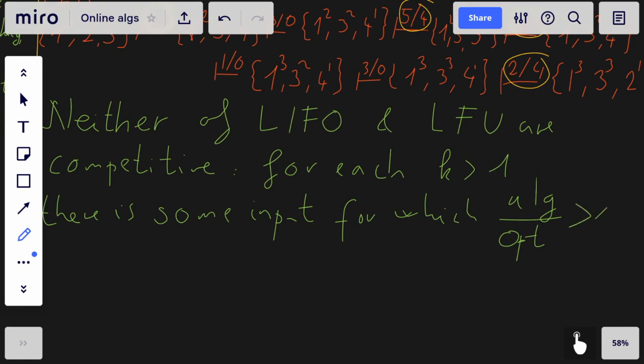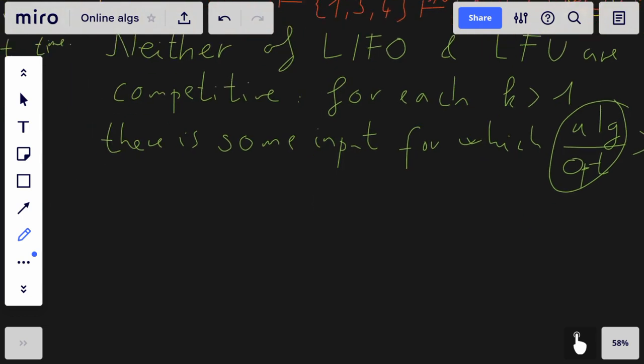So that's what it means to be not competitive at all, that this ratio is not bounded by any constant, but it diverges, it can tend towards infinity.